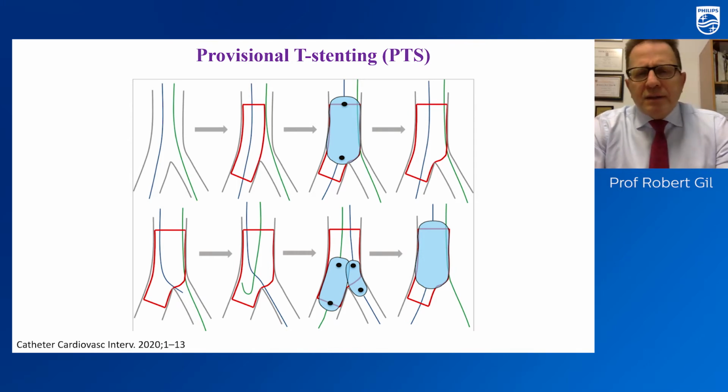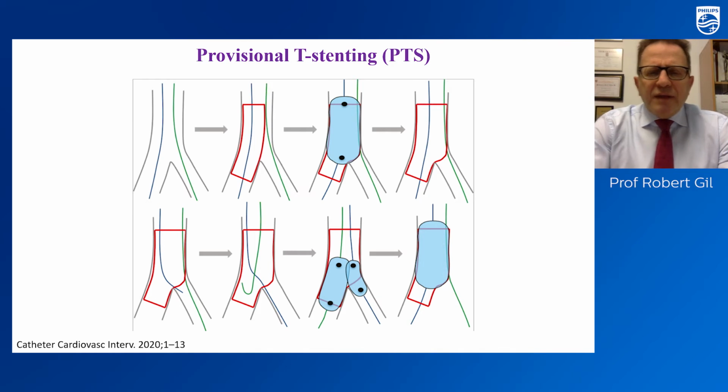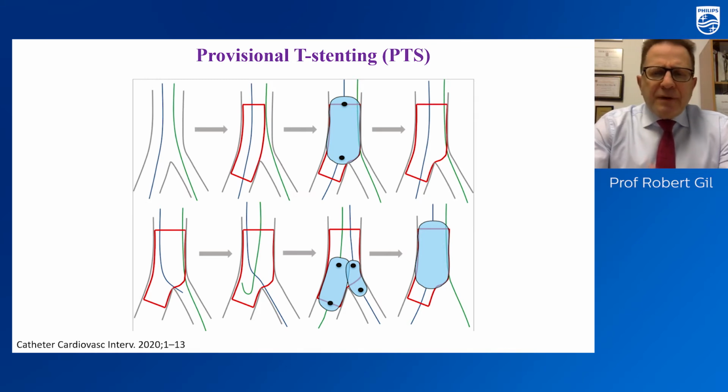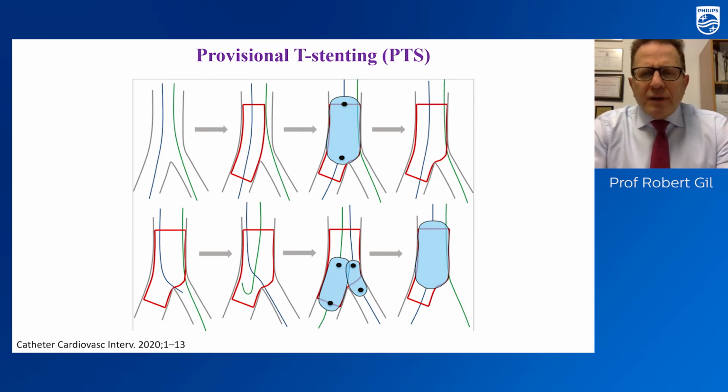The next step, very important, is the proximal optimization technique, then rewiring of the side branch, and then here you can appreciate kissing balloon, which is the so-called old approach. And the procedure in that proposal should be finalized with a second POT, so a re-POT.